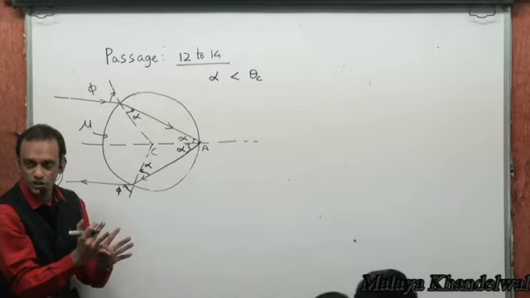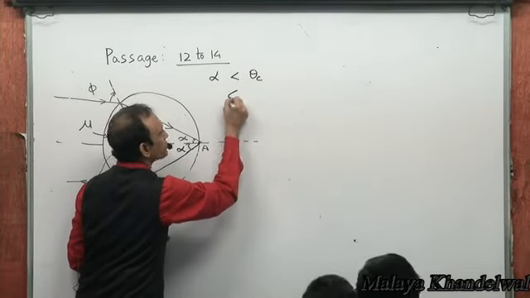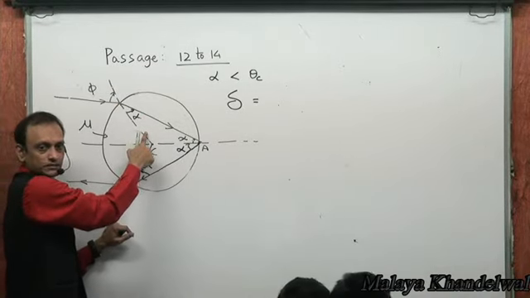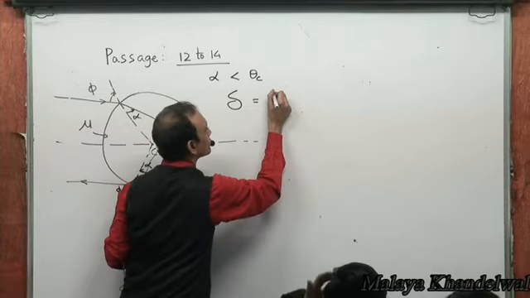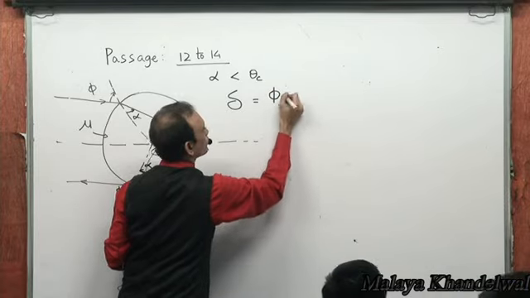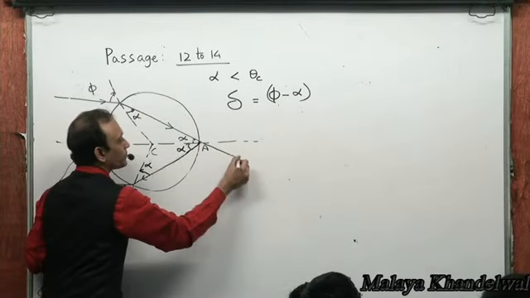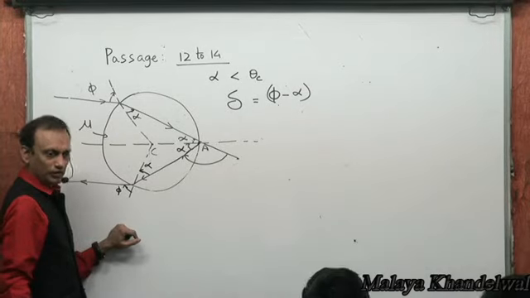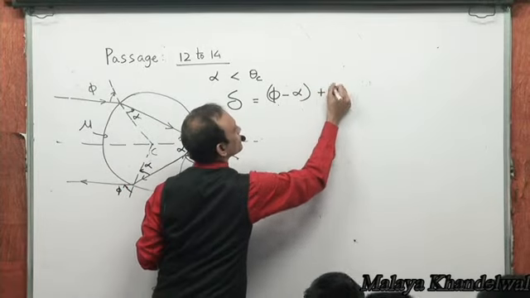Now, the total deviation produced in the process: phi minus alpha for this surface, clockwise. Then for this, pi minus 2 alpha clockwise, isn't it?